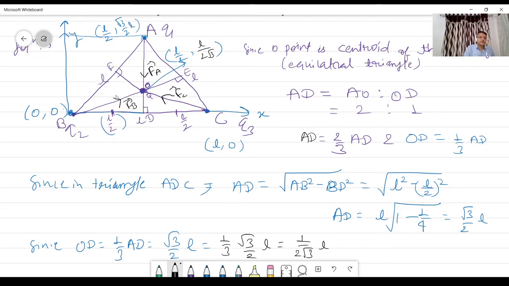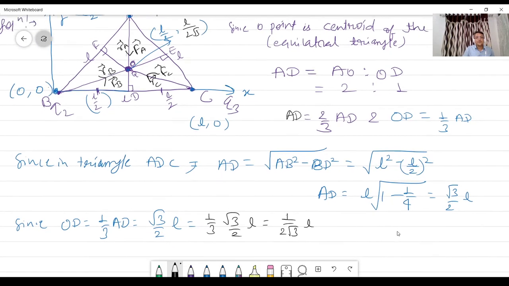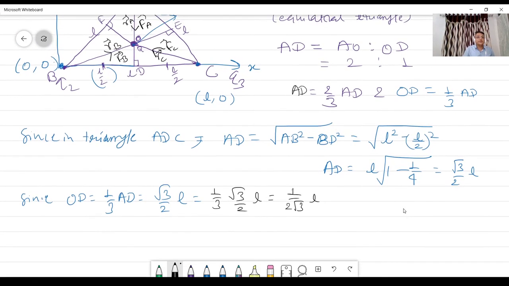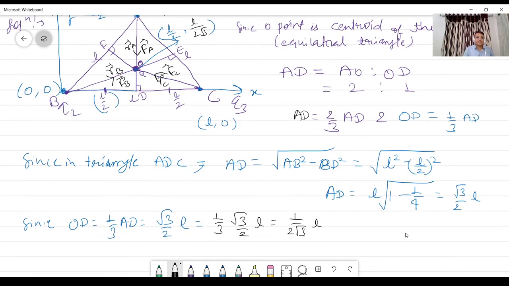Let's suppose this vector is RB, this vector is RA, and this vector is RC. So what I should do here is first find the vectors RA, RB and RC, and then you can put in the formula.